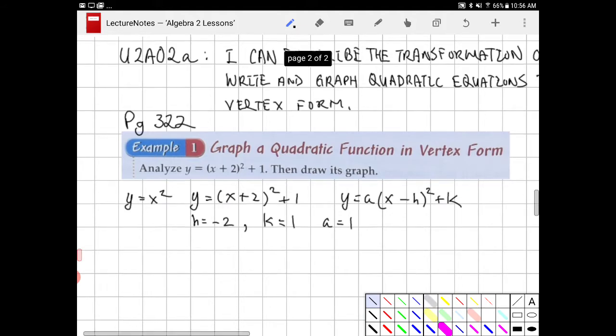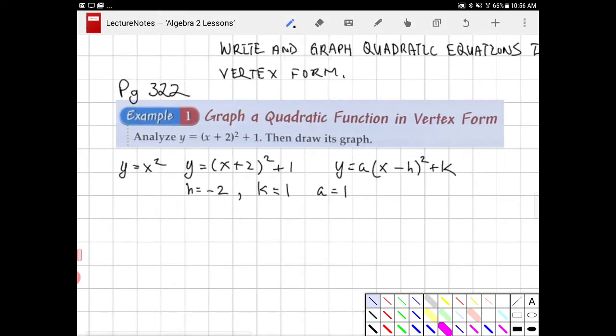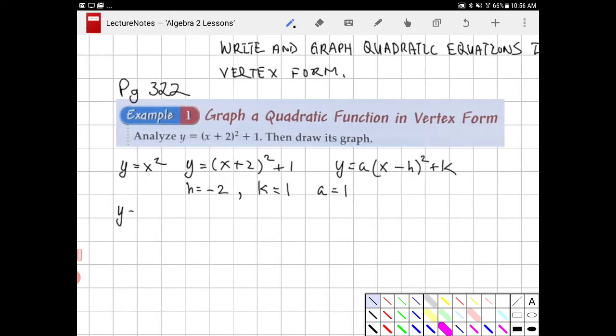So a couple of things that we can say in our analysis is that y equals x squared is shifted 2 units left, 1 unit up.